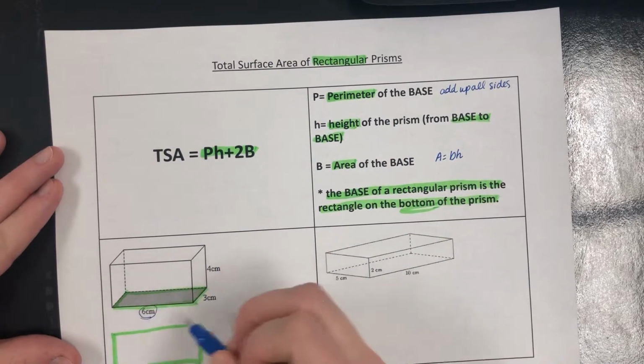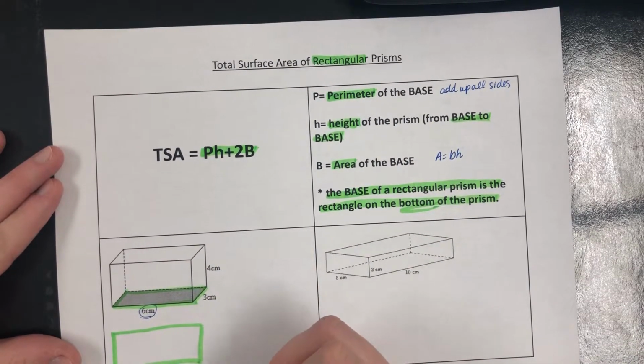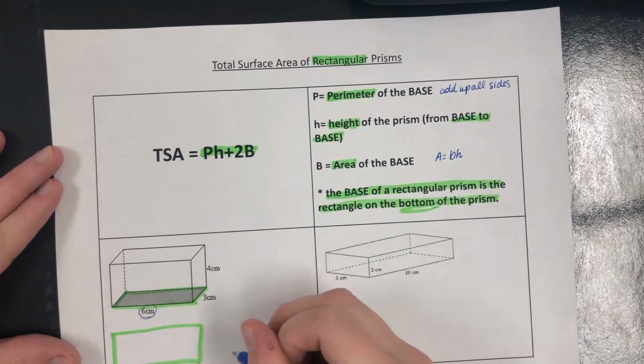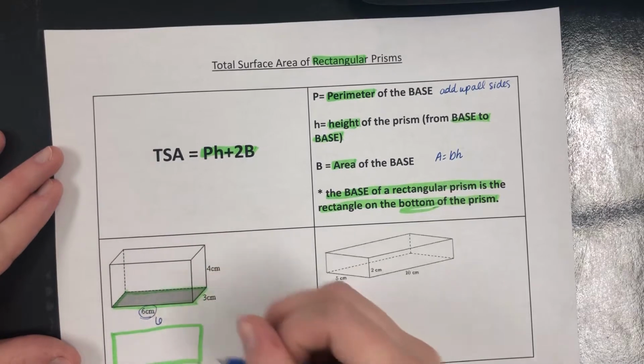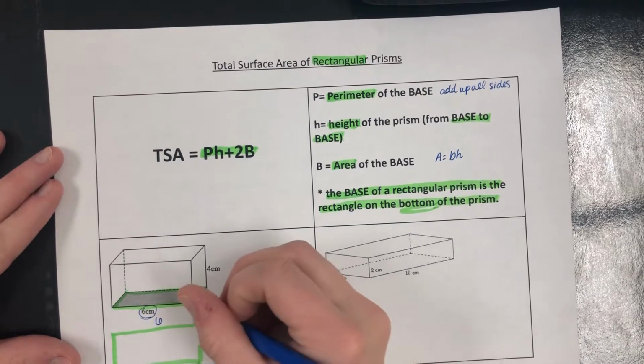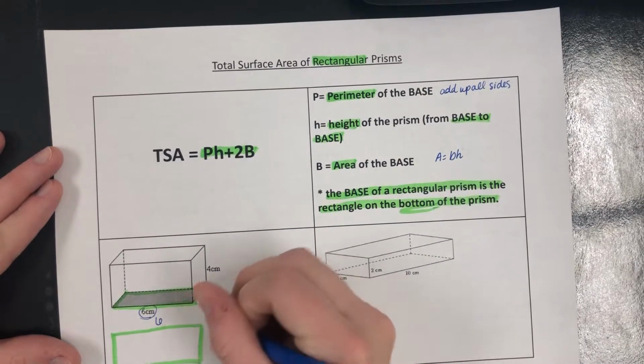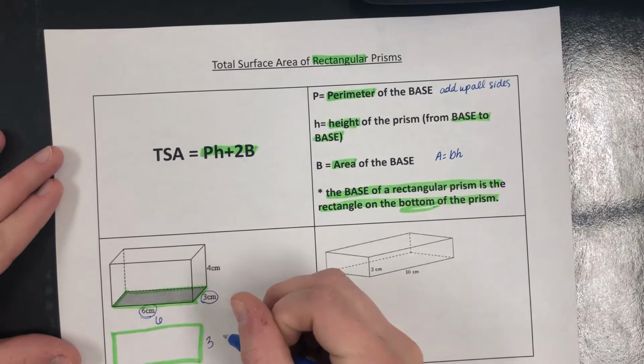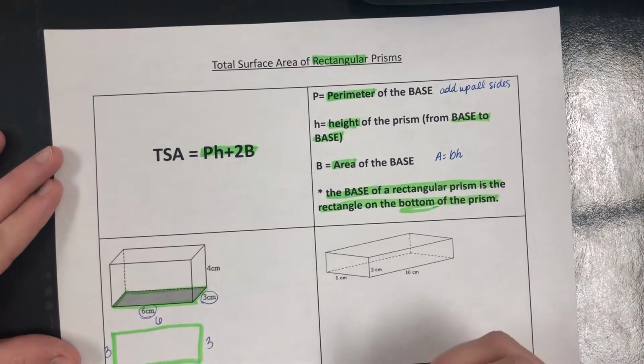The bottom of that rectangle, the long piece closest to me, is 6, which means the opposite side also has to be 6. This short side here is 3, which means the opposite side has to be 3.